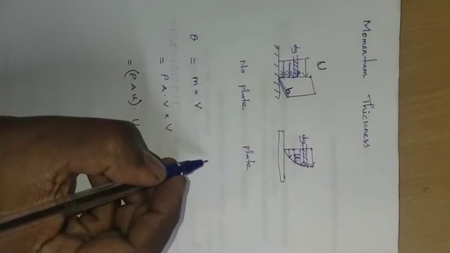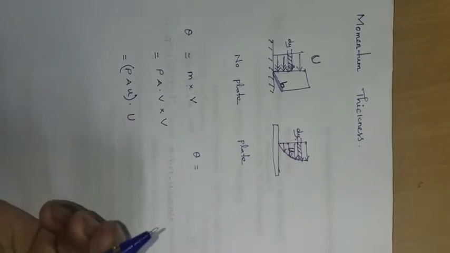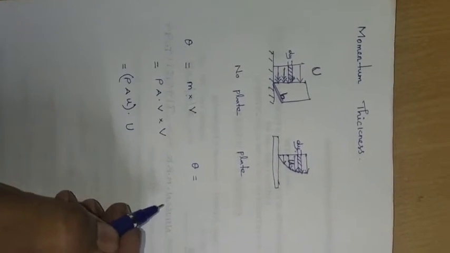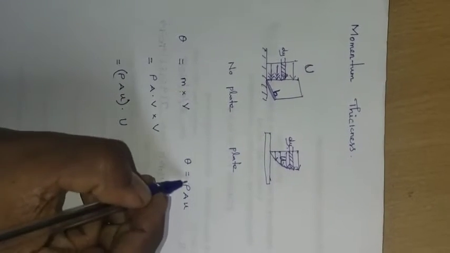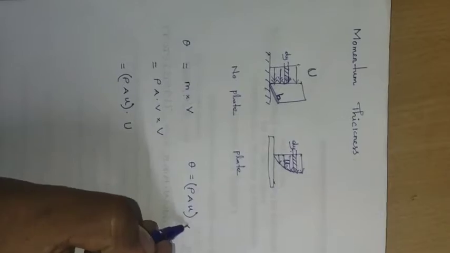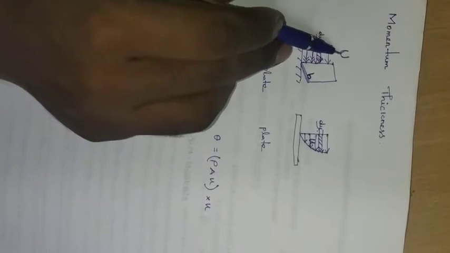And for the second case, that is with the plate, where theta will be, right, momentum will be rho a small u, and velocity also will be small u, because here the velocity is u only, but here the free stream velocity will be capital U, right?